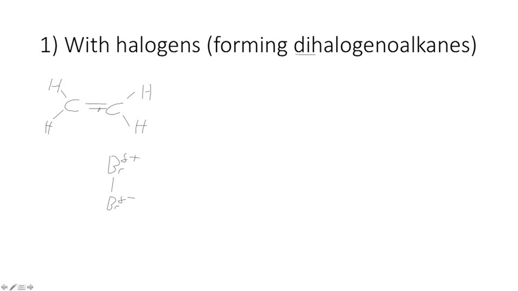To begin the reaction, an electron pair moves from the double bond into this delta positive bromine. And then this effectively means this bond here is popped out, and these electrons move to this delta negative bromine. And this forms a carbocation.